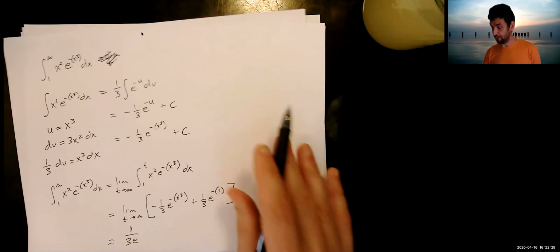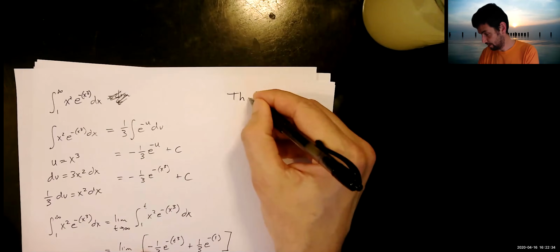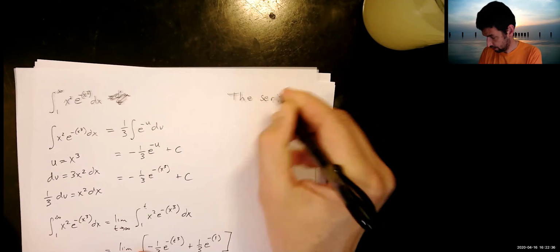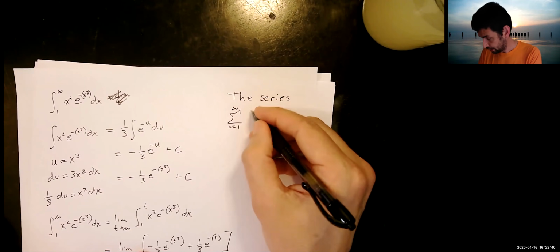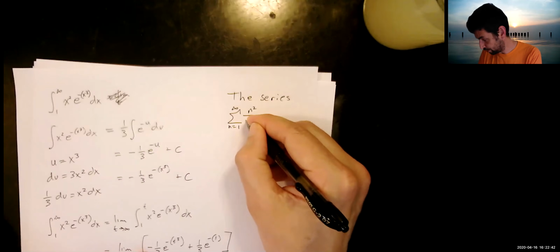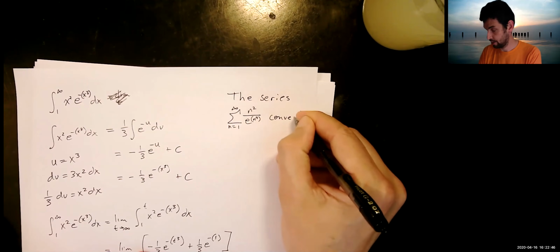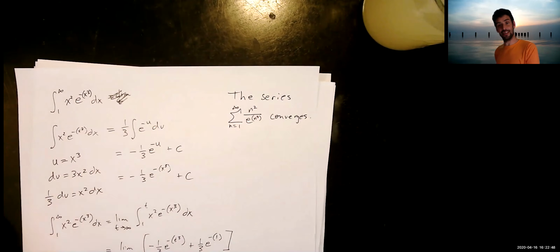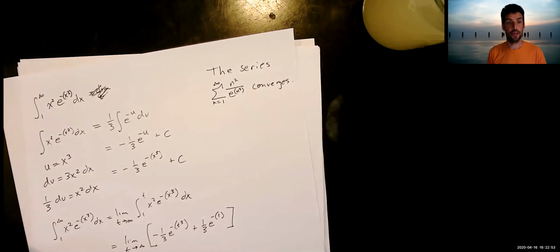Therefore, our series converges. So we can say the series n equals 1 to infinity of n squared over e to the n cubed converges, right? It does not tell us what it converges to, but it tells us that it converges. All right?